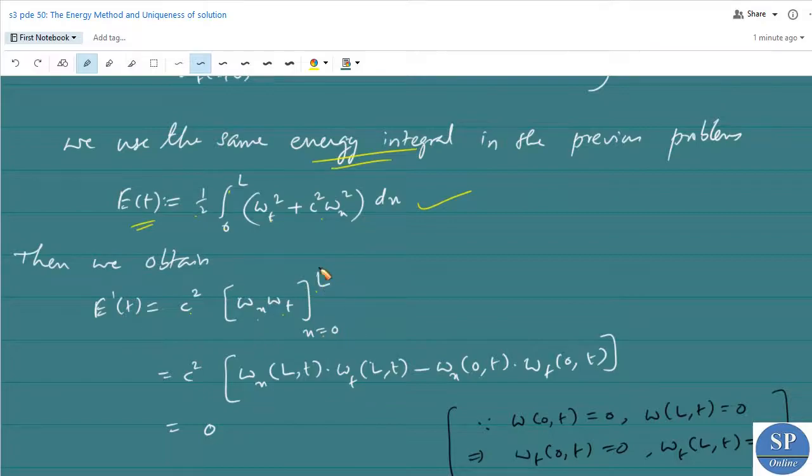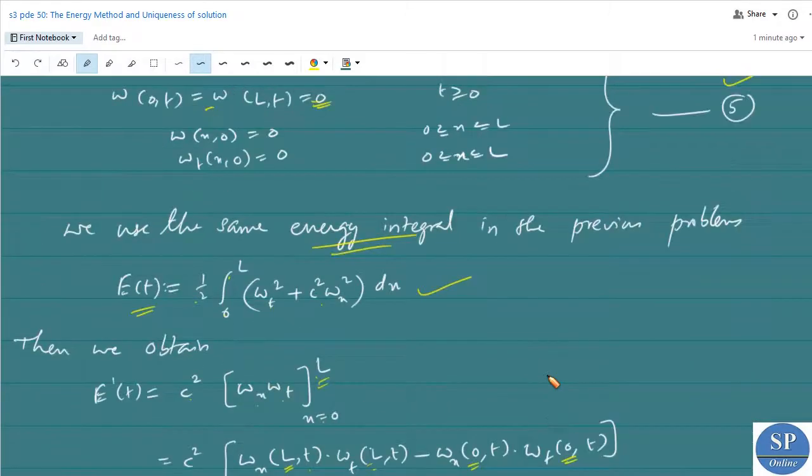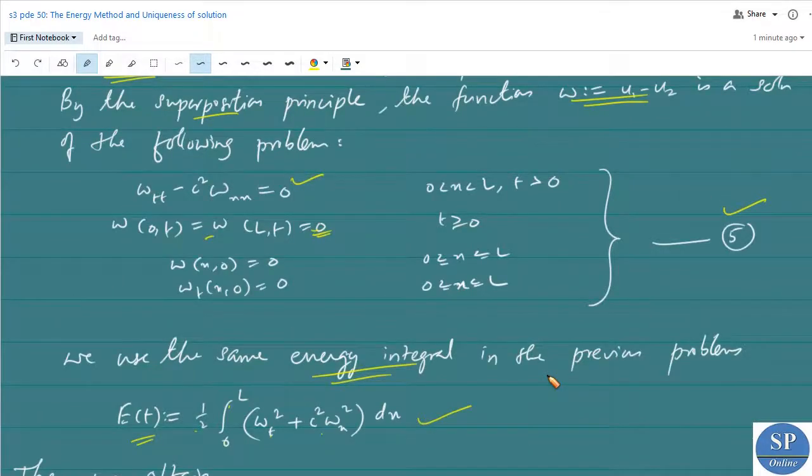Now applying these boundary conditions, that is W_x(L, t) W_t(L, t) minus W_x(0, t) W_t(0, t). In this case we are given the conditions W(0, t) equal to 0 and W(L, t) equal to 0.